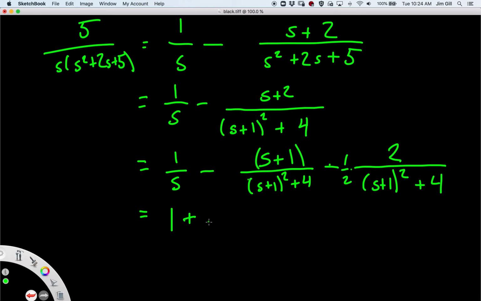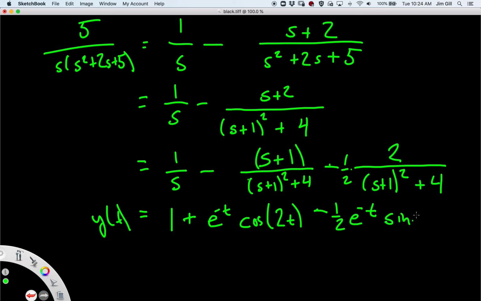And the time shift we get by doing an exponential. So now this is y of t. And then we have another point here. This is a sine, and it also has this exponential time shift thing going on. So it's e to the minus t sine 2t.